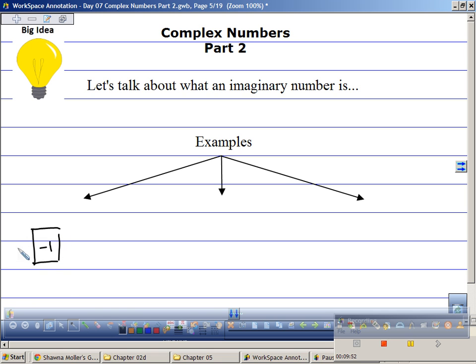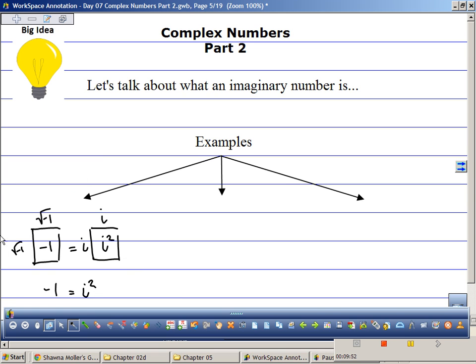If the area is -1, then the sides must be the square root of -1, which is i. So i squared equals -1, and these two are equivalent. That is what we did yesterday.